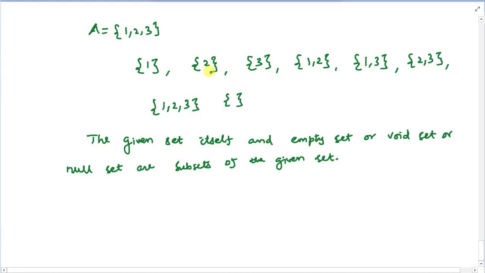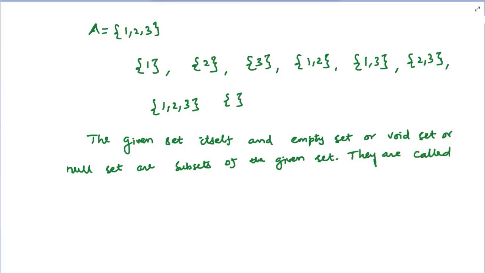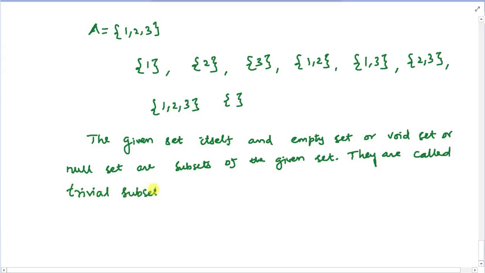So this point we should remember. And these two sets are known as trivial sets. They are called trivial subsets of given set.